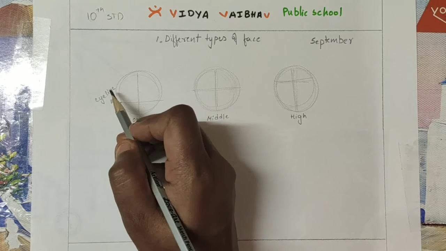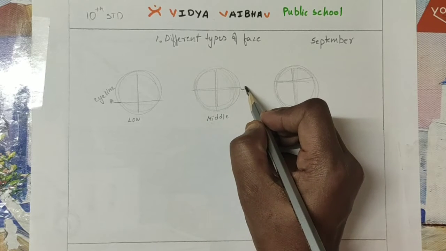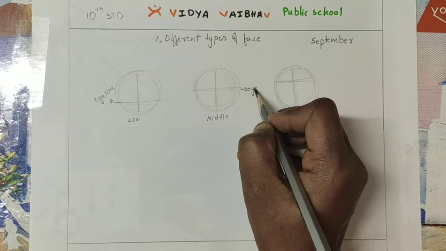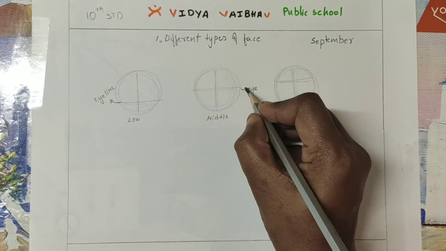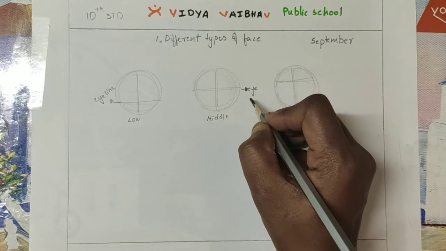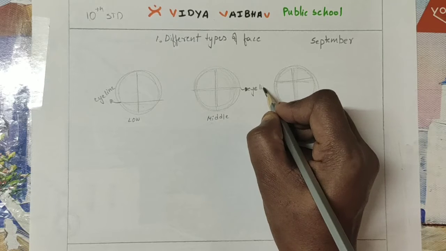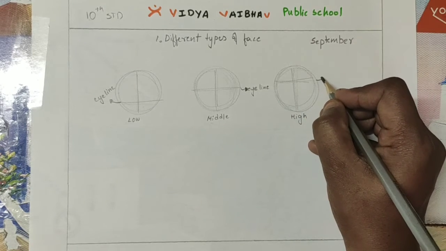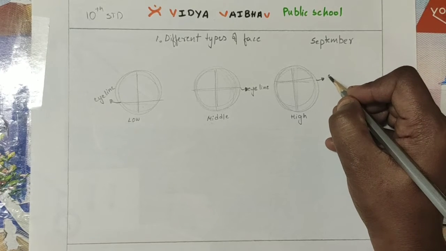Exactly in the center, if we work the two eyes, it's called a middle, and even we can work on eye level in the middle also. One is low, one is middle, and another one is high. And this is called eye line for high.